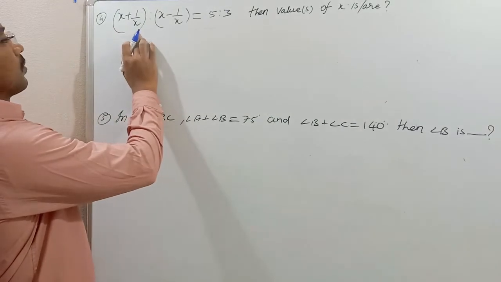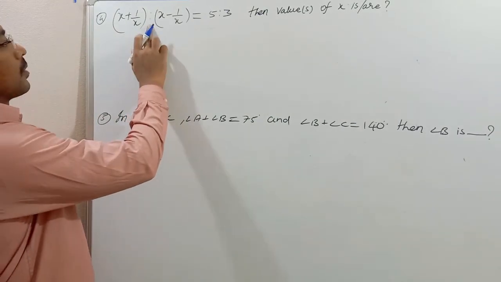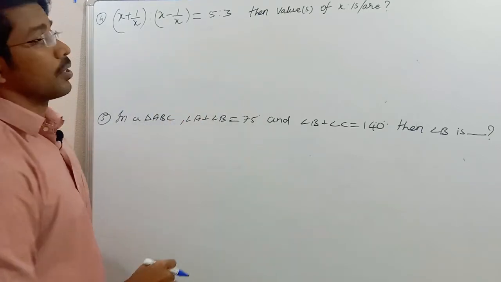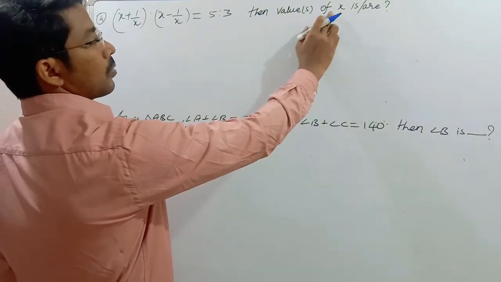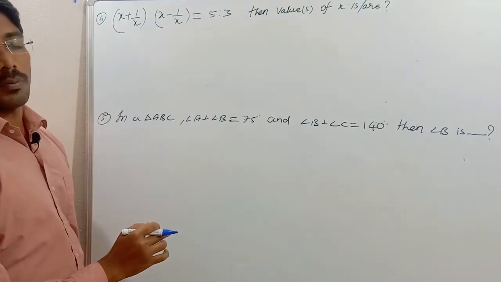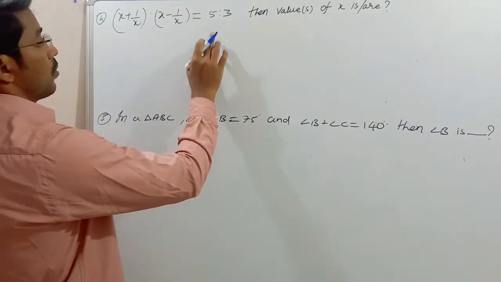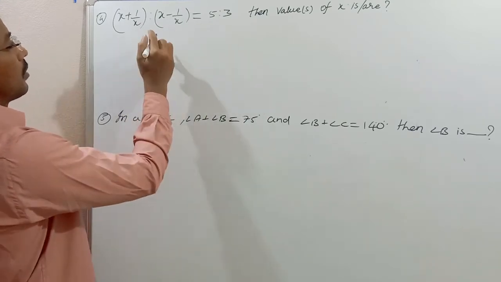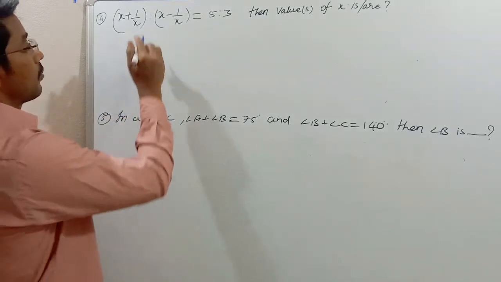(x plus 1 by x) is to (x minus 1 by x) is equal to 5:3. Then the value of x is, or are, so it may be a single value or it may be many values. These are the ratios given, and we have to find the values of x.